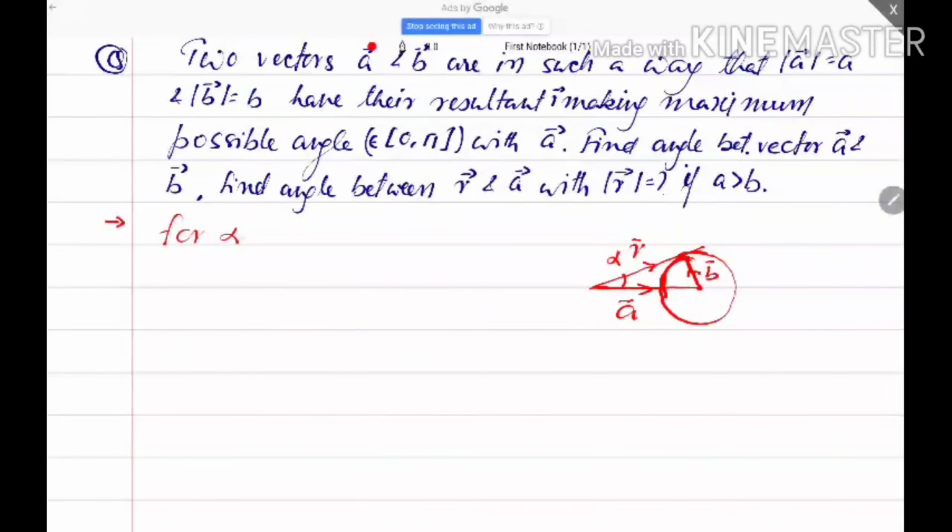For alpha, the angle between resultant R and A, to be maximum, it implies R must be perpendicular to B. Now this is the condition in front of us.